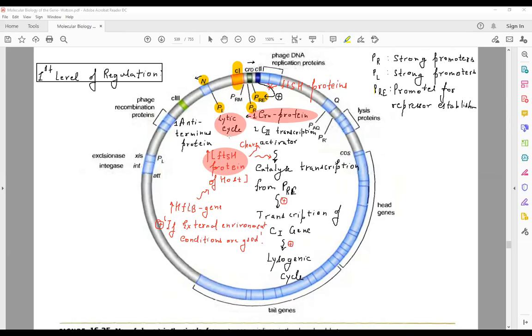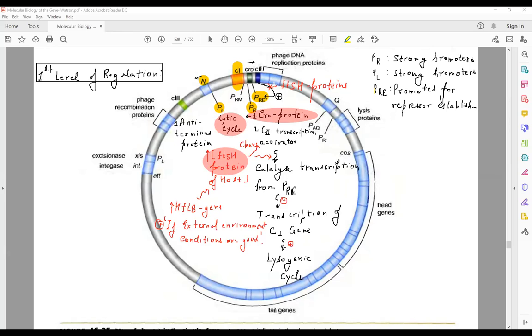If the phage decides that the FtsH protein is low, that means the bacteria is not able to synthesize the HflB gene in adequate amount. This means the external environmental conditions are not good. Then the transcription of the CII gene will take place.